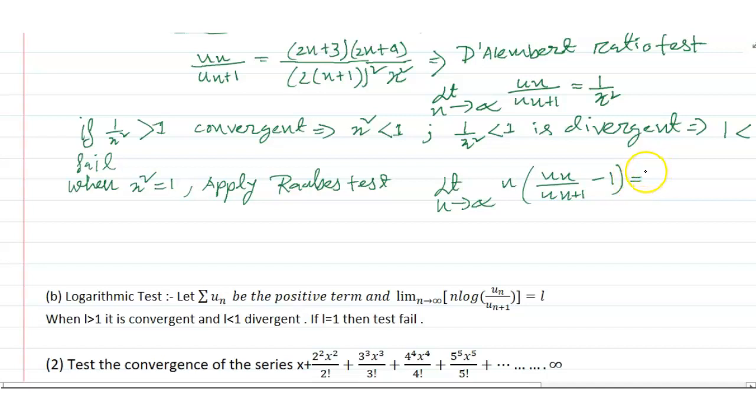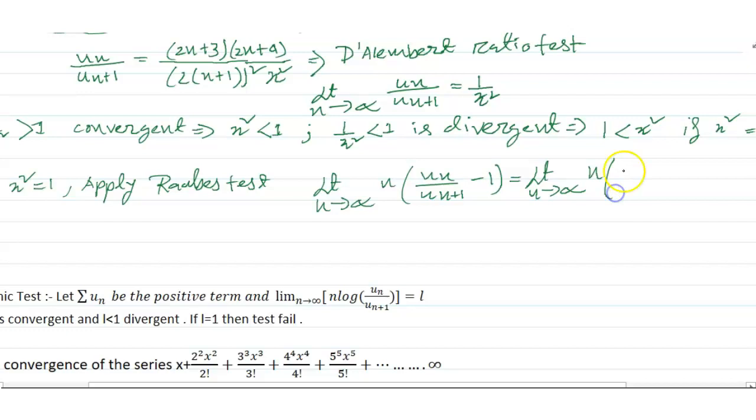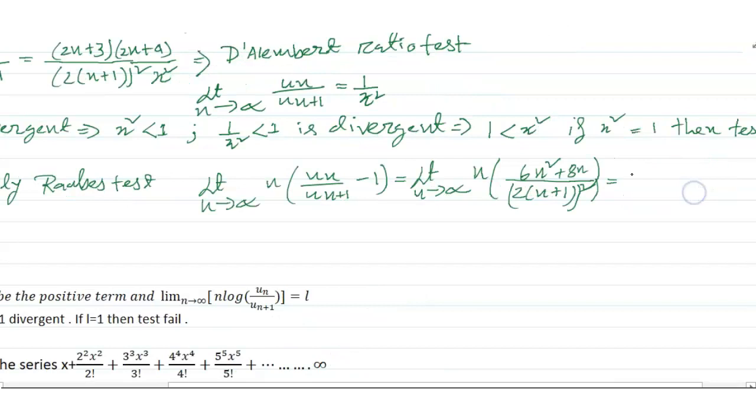With Un plus 1 meaning 2 into n plus 1 whole squared, after calculating I get 6n squared plus 18 over 4, and this value is 6 divided by 4, equals 3 by 2, which is greater than 1.